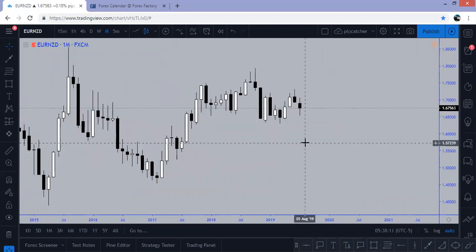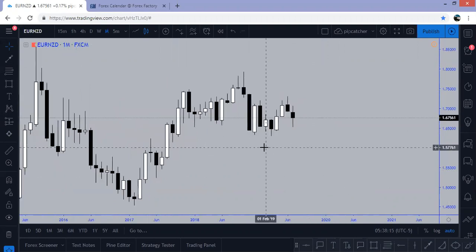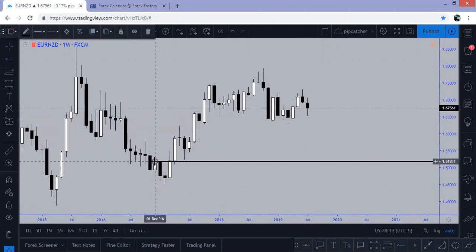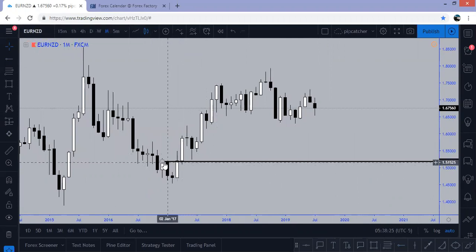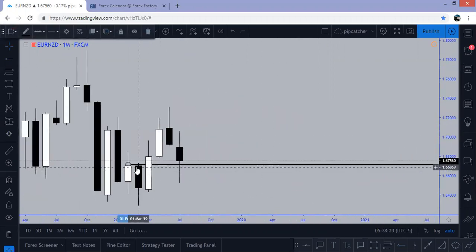So when I look at this, obviously the last down candle before this whole up move is down here. But if we're going off the previous order block, this is that monthly down candle prior to this up move, right?